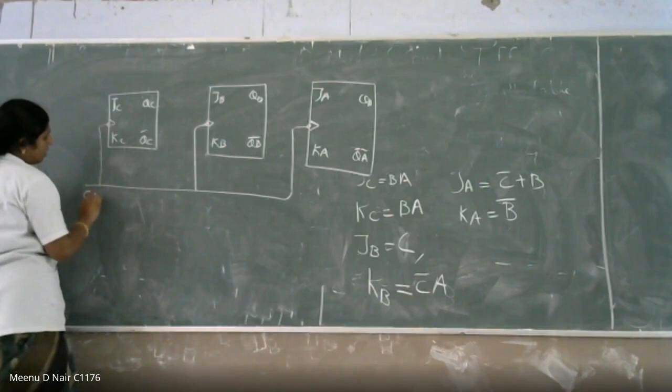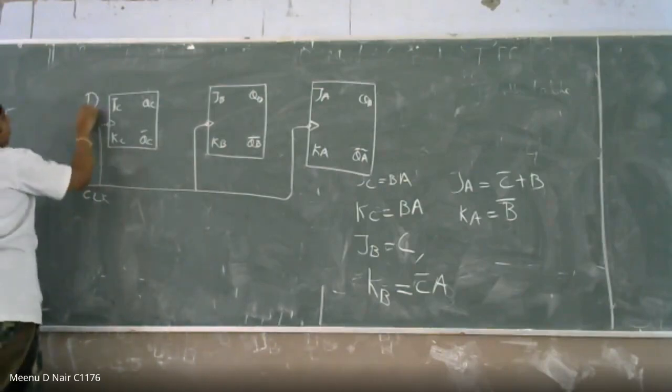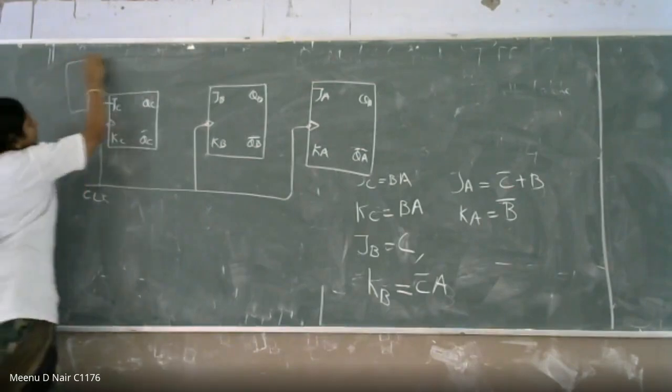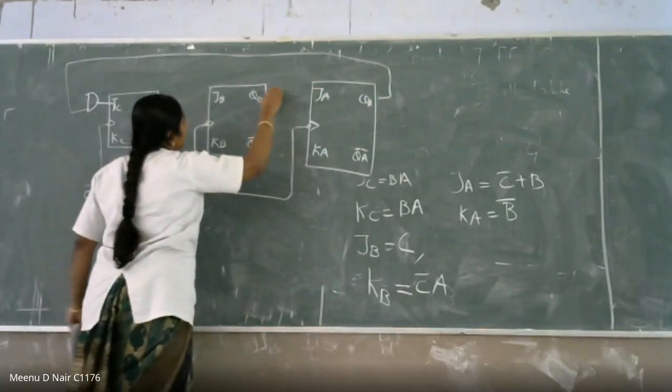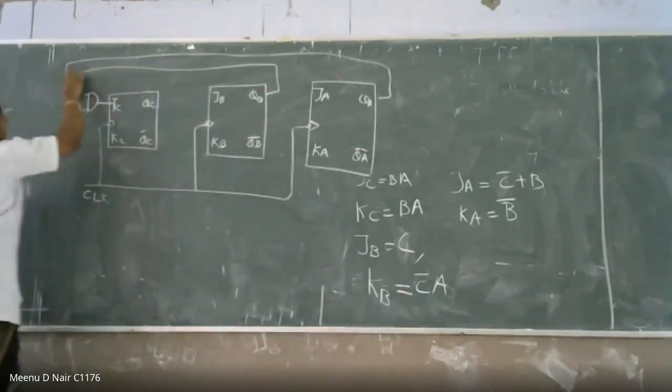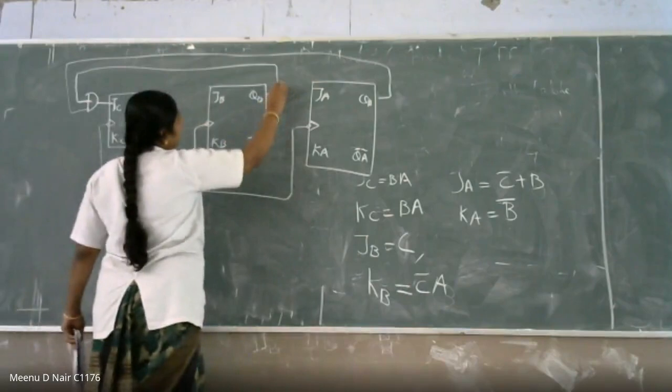This is the clock. So what is JC? JC is A B bar, so this is JC, connected to QA, and B bar is QB bar.